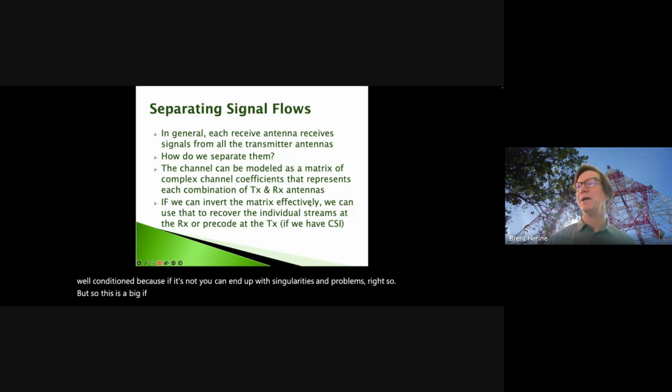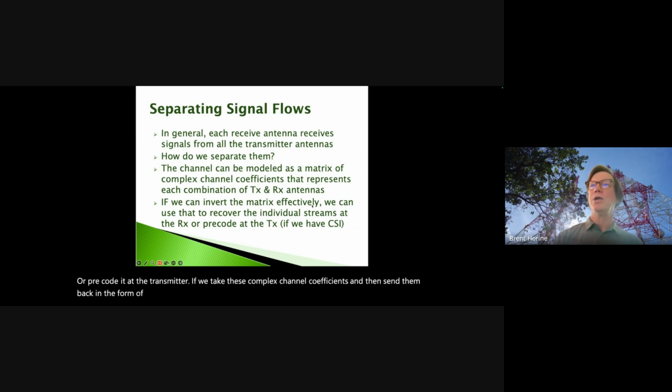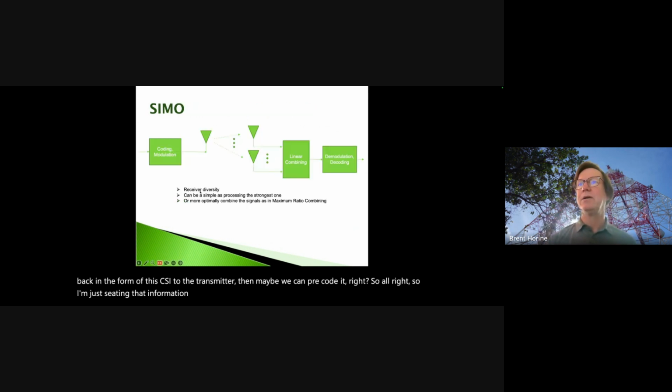If we can invert the matrix effectively, then we can use that to recover the individual streams at the receiver, or pre-code it at the transmitter. If we take these complex channel coefficients and then send them back in the form of the CSI to the transmitter, then maybe we can pre-code it, right? So, all right, I'm just seeding you information. We'll explain that here a little bit.